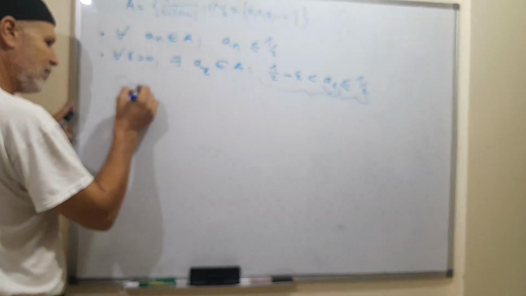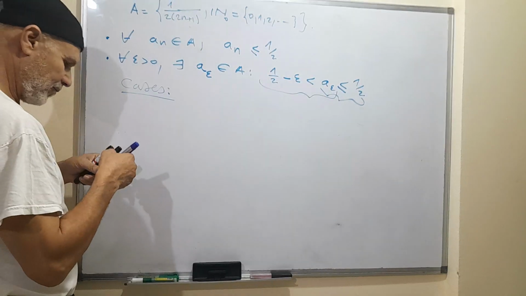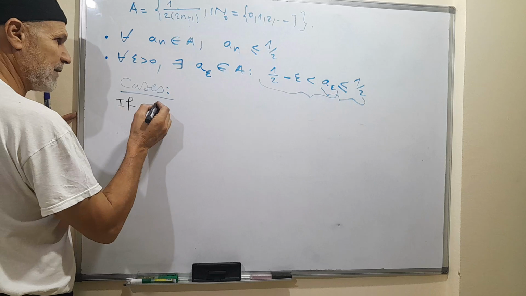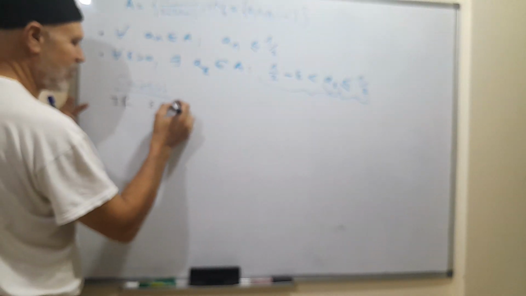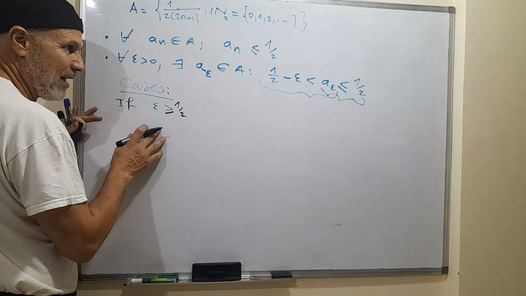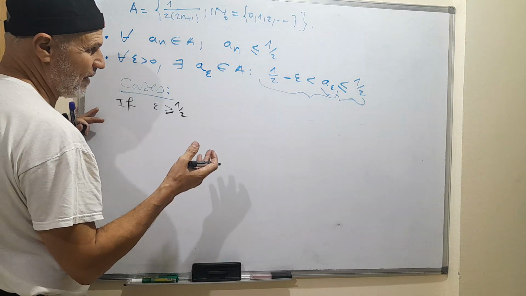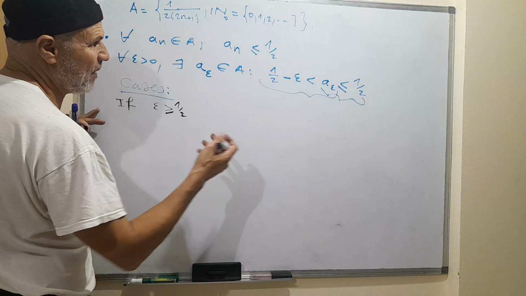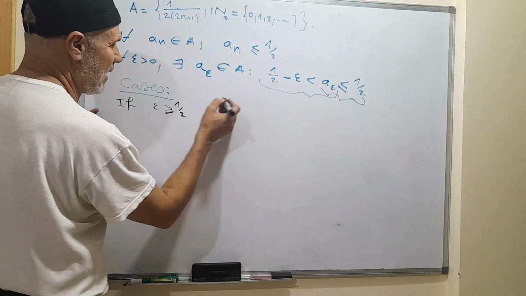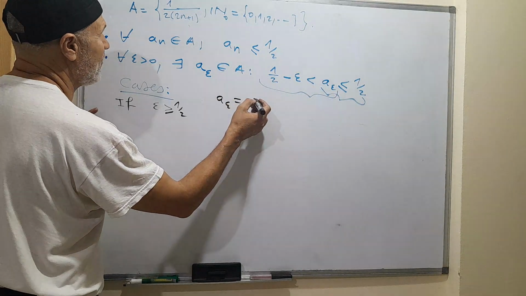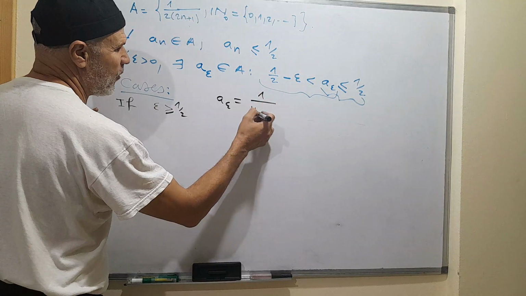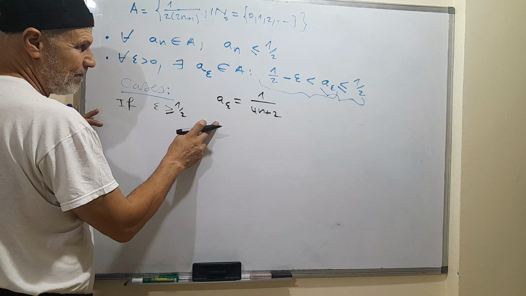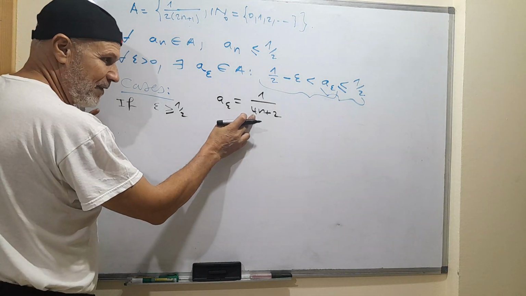Cases. If epsilon is greater than or equal to 1/2, this is true. Why? This is trivially true, because a epsilon takes the form 1/(4n plus 2), and this is a positive number.